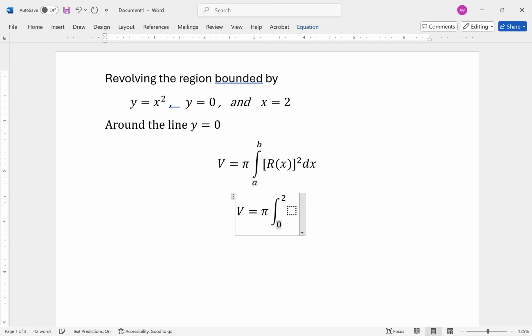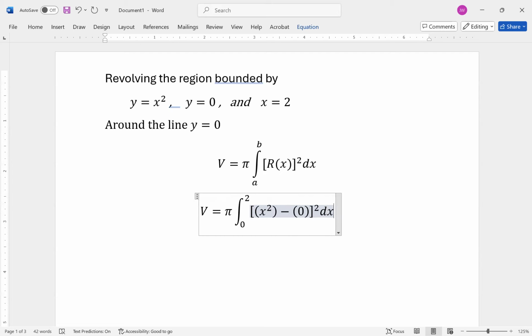So from 0 to 2, my radius is going to be, again, the top of the rectangle is the top of our radius. The bottom of our rectangle is the line I'm rotating around, which is y equals 0. So that's what we get.